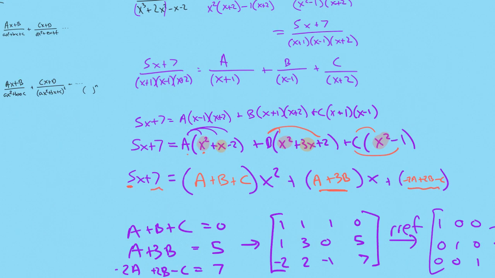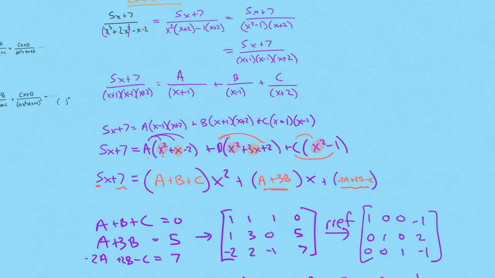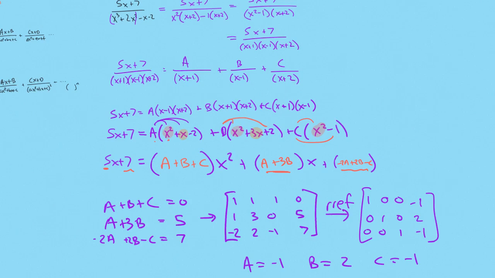So we get this system, we've got a, b, and c, my 3 unknowns. I have 3 equations, so I'm going to use good old augmented form of a matrix. I haven't done that in a little bit. And use reduced echelon form. So you would set up your augmented matrix like this and put it in your calculator, and when we do all that, we get that a is -1, b is 2, and c is also -1.